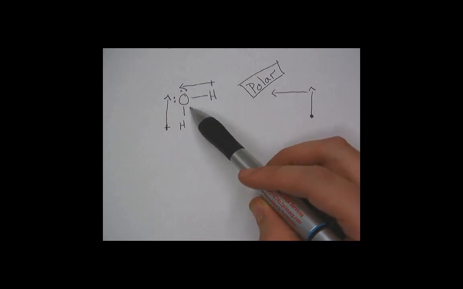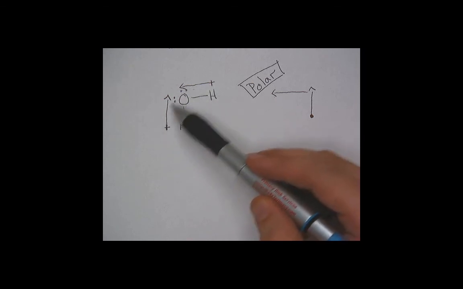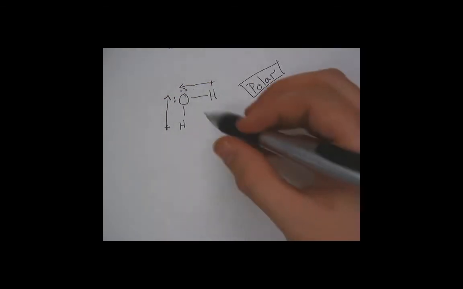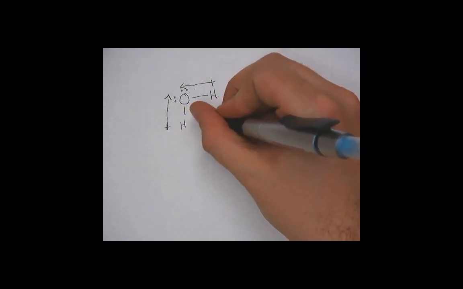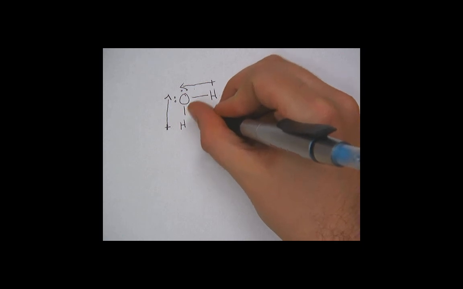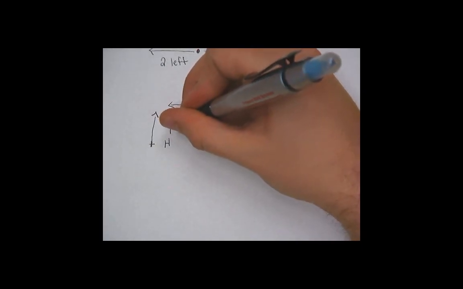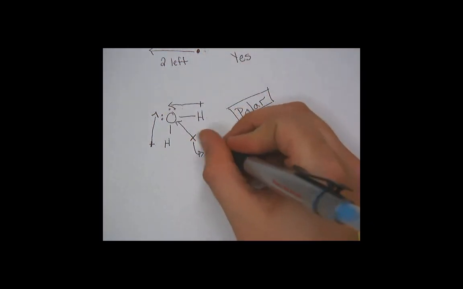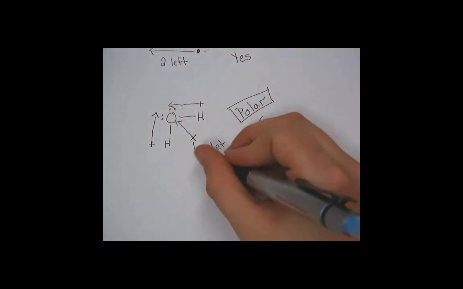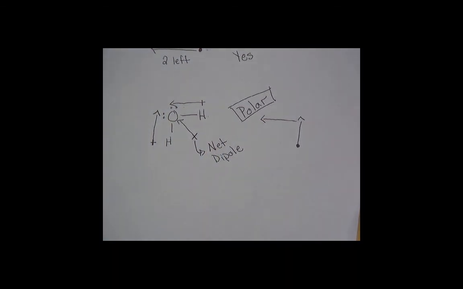So in other words, if they come to a right angle, the average is the sum. So plus here and a plus here. So the net dipole is a positive in between the two hydrogens, and the arrow still points at the oxygen. So we call it the net dipole.